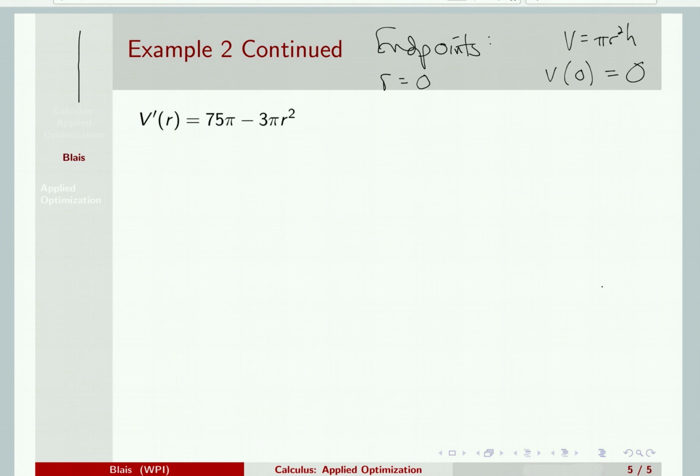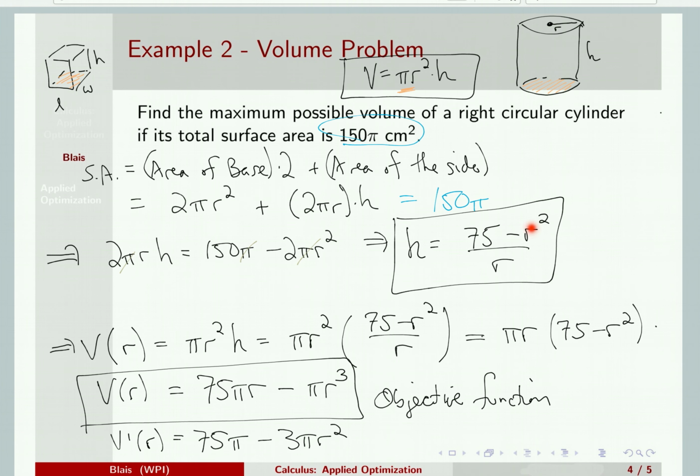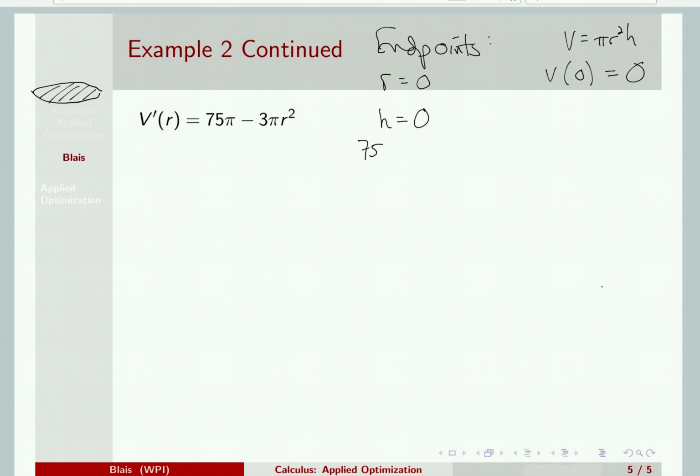And then the other case would be the case where you have just a flat disk. So you would have the case where you have a 0 height. And remember, height was (75 minus r squared) over r. So this would be (75 minus r squared) over r equals 0, or 75 minus r squared equals 0. r squared is 75, or r is the root of 75.